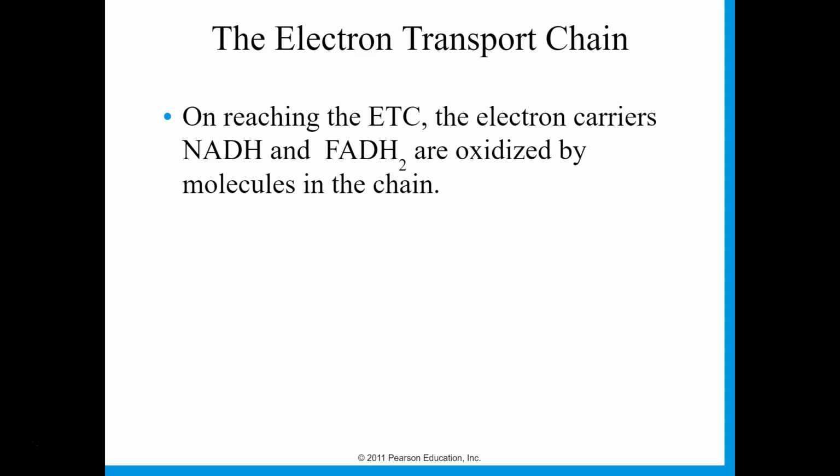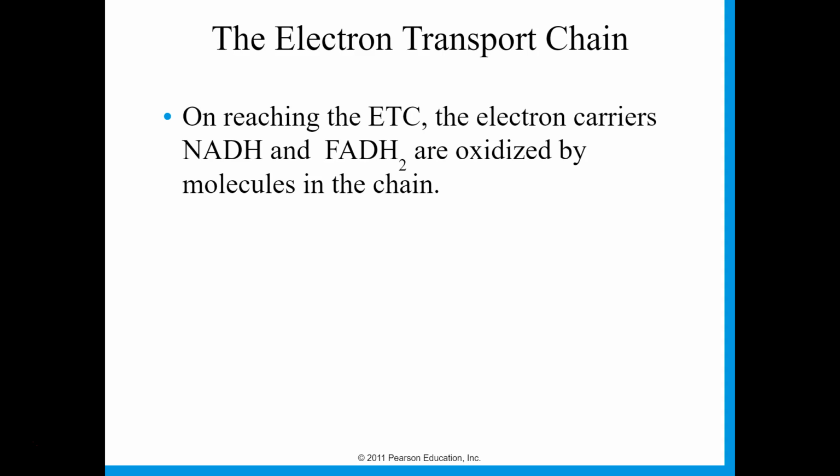Remember NADH and FADH2, those things that we use to strip electrons, to strip energy away from the energetic bonds within glucose. What's happening in electron transport is those are getting oxidized by the molecules within the electron transport chain.